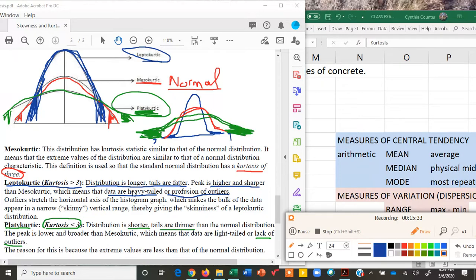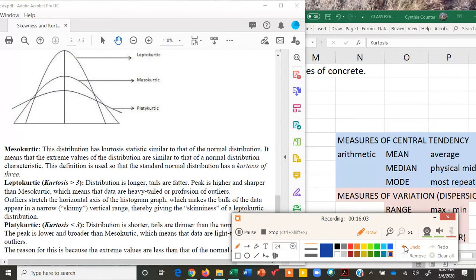And then the leptokurtic, it's all steep and pointed. So most of everything's close together, so it doesn't take much to be considered away from the rest of the data and therefore have a profusion of outliers. Now it's best when your data is closer to normal so you do not have a profusion of outliers.